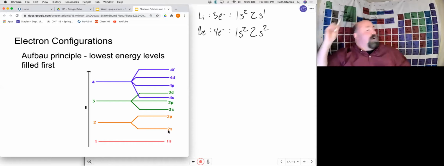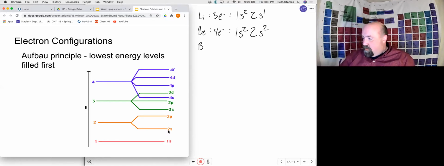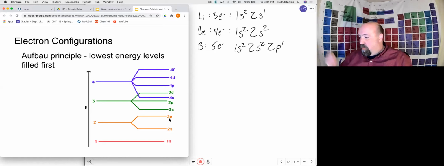Aluminum? Nope, sorry, boron, with its 5 electrons. 1s2 fills up the first Bohr shell. Then we move on to the second Bohr shell, 2s. We can only fit 2 electrons there. We still have 1 more. So now we're going to move on to 2p, and we'll put 1 electron there.